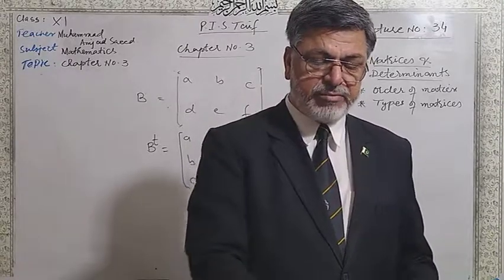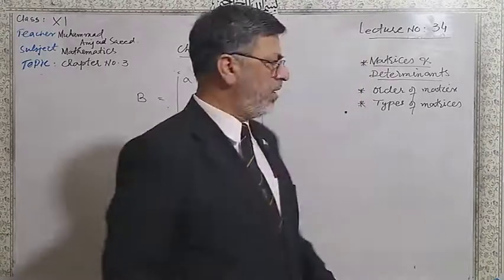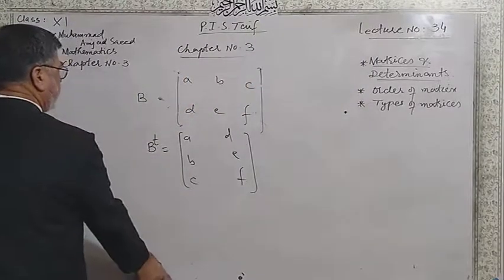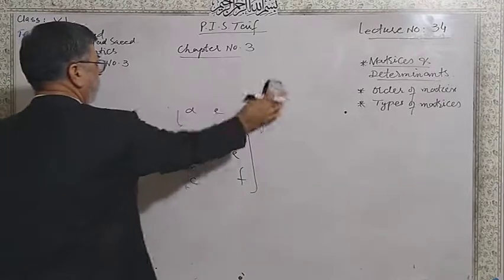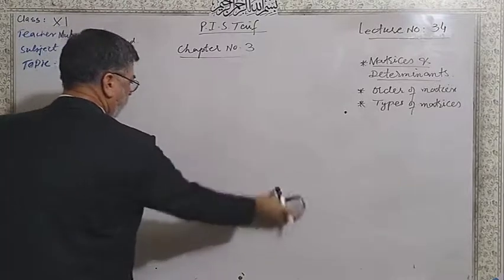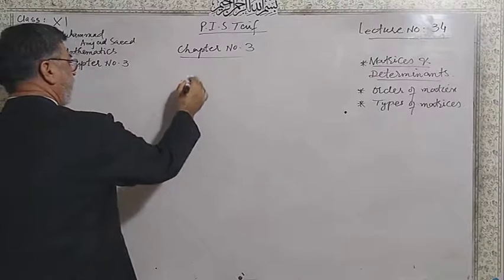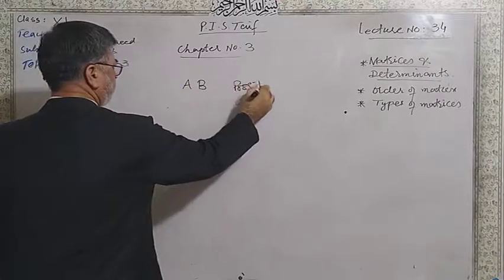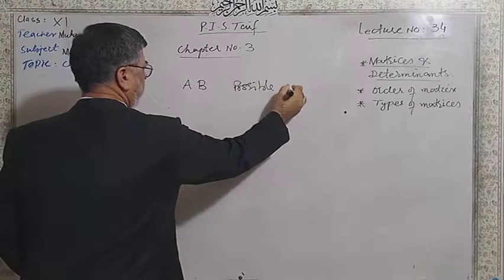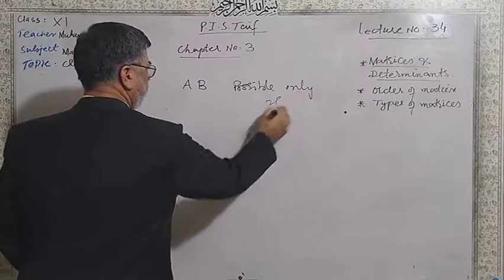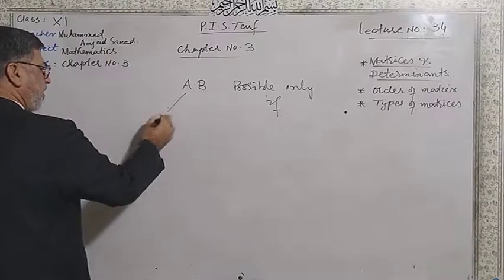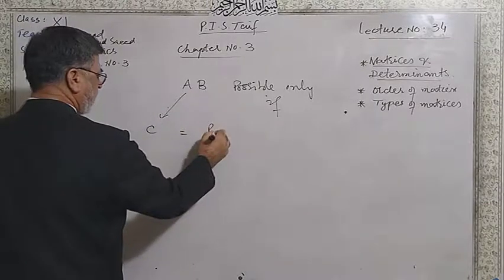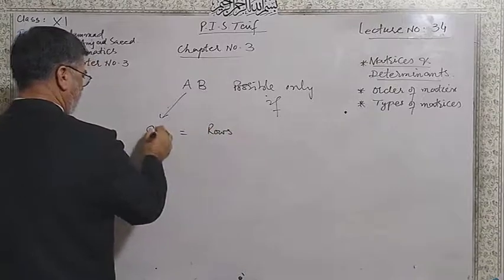After that, we have multiplication of matrices. In case of multiplication of matrices, you have a rule: AB is possible only if the number of columns in A is equal to the number of rows in B.